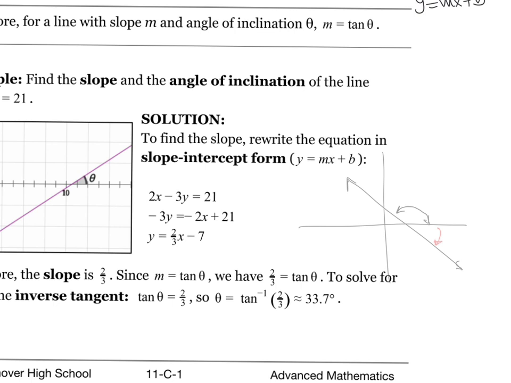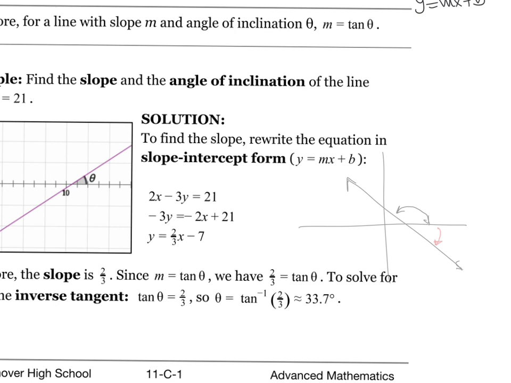We need to take that negative angle and convert it into this positive angle. Again, the angle of inclination is always measured from the line clockwise to the x-axis, the part to the right, in the positive direction from where it intersects your line.